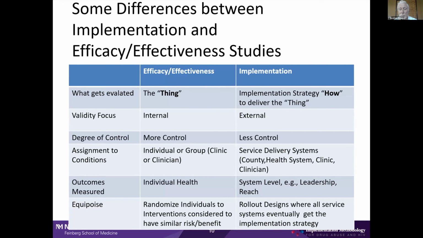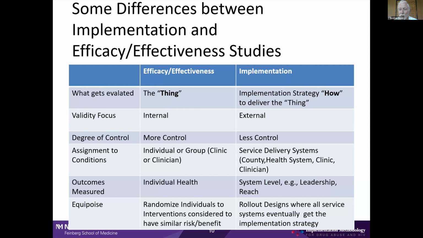That's the primary outcomes. Whereas in implementation, the focus in here is on system level outcomes, including reach, can include leadership kind of roles, etc., that we've had before in terms of Enola Proctor's measures of outcomes or the RE-AIM outcomes, for example. And then this last point about equipoise.